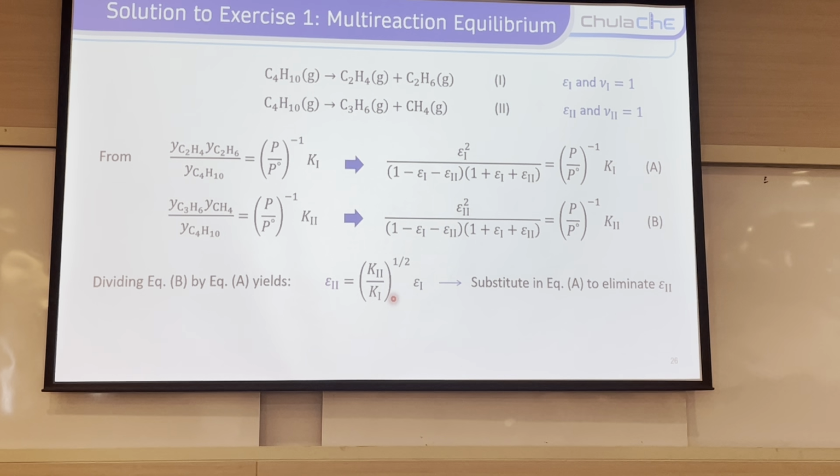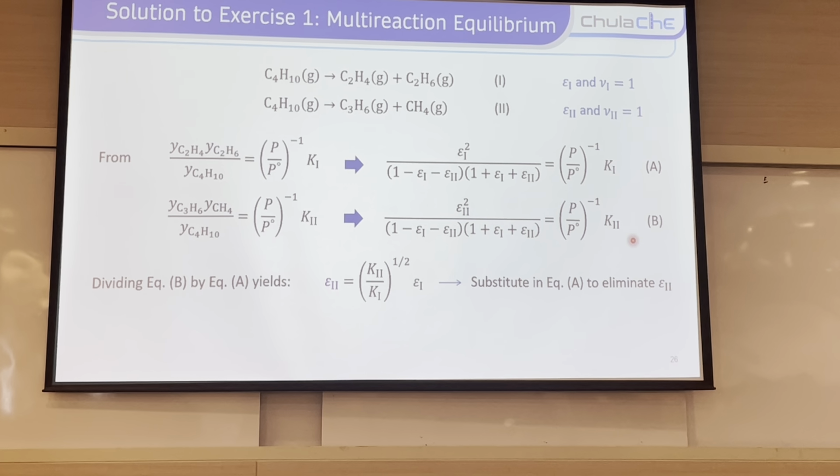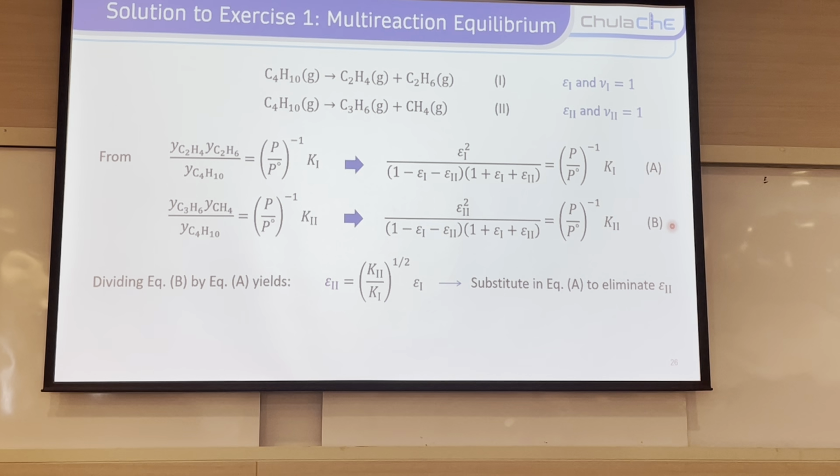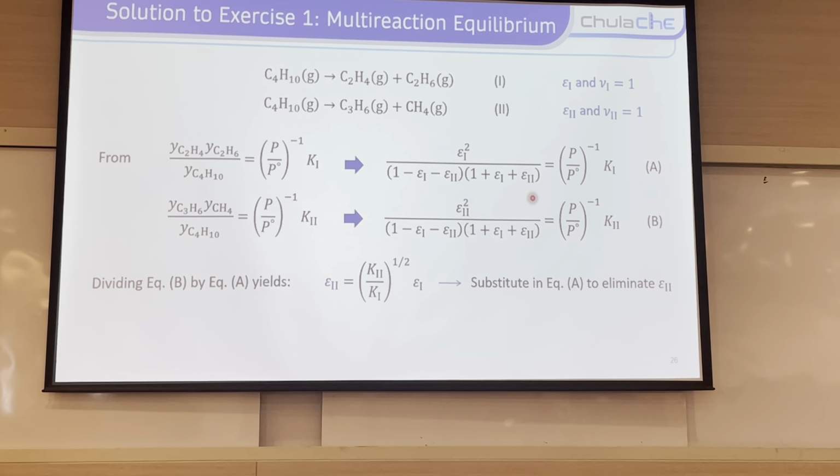Usually you will know the pressure at which you carry out the chemical reaction. And if you know the temperature, you can determine the equilibrium constant for reactions 1 and 2 as well. So from equations A and B here, the only unknowns are the reaction coordinate for reaction 1 and the reaction coordinate for reaction 2. We have two equations and two unknowns, so in principle you can solve it.